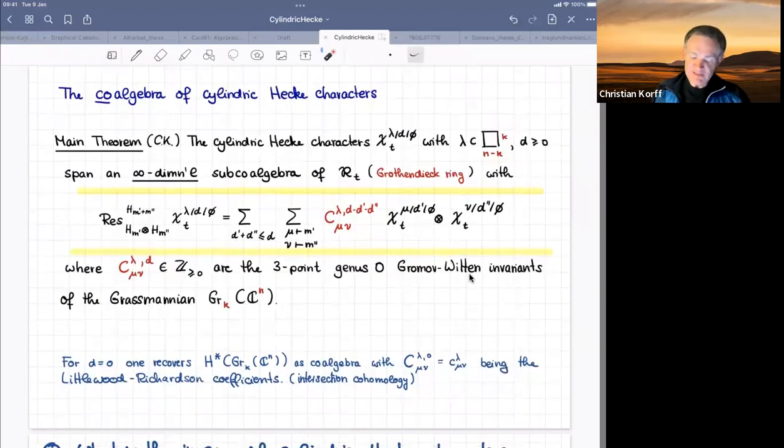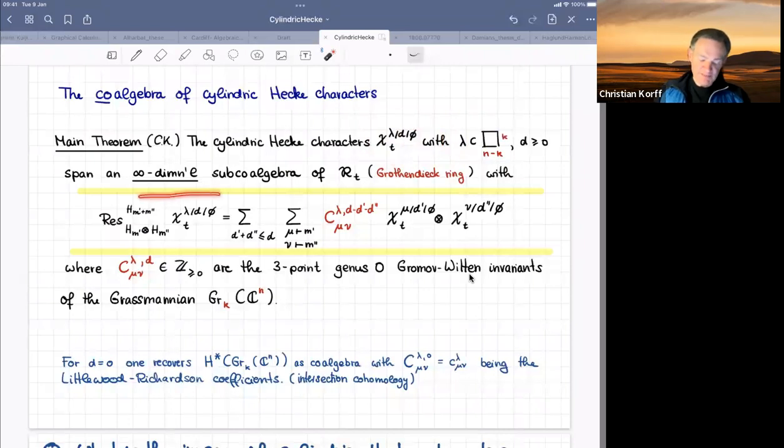So what I do is I just look at the cylindric Hecke characters where one of the partitions is just the empty partition. I have this integer d, which is telling me the winding around the cylinder, and I have a partition lambda, which is inside this bounding box of these dimensions.